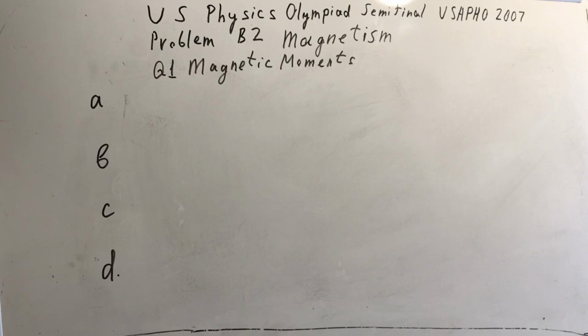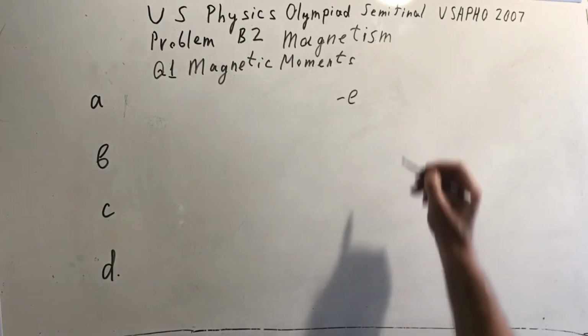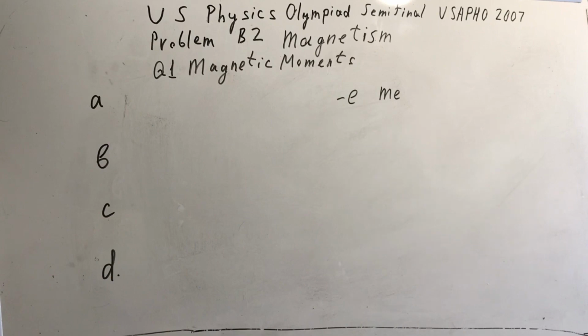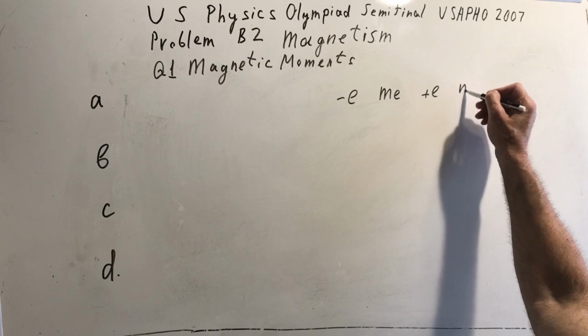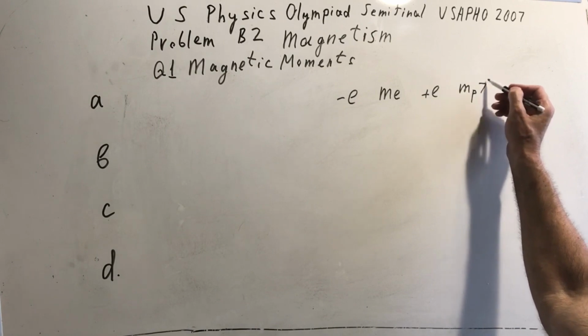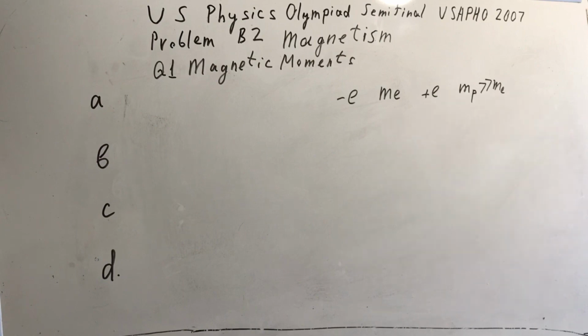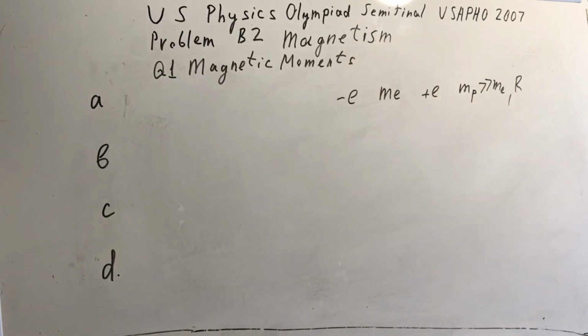For simplicity, we will assume that each atom consists of a single electron of charge -e and mass me, a single proton of charge +e and mass mp, and we assume that mp is much larger than me, and that the electron orbits in a circular orbit of radius r about the proton.